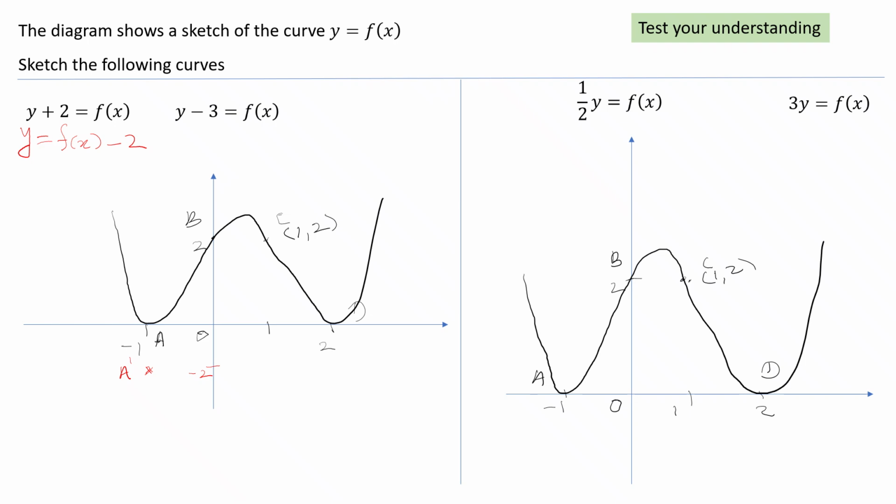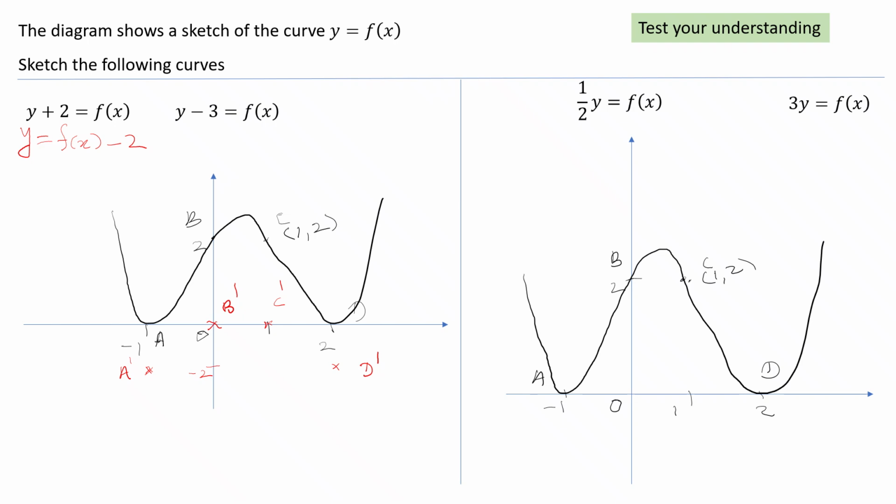Point B, the y coordinate is 2, so the new y coordinate is going to be 0. This is B dash. Point C, also y coordinate is 2, so the new y coordinate here is 0. This is C dash. Point D, the y coordinate is 0, so it becomes -2. So this is D dash.